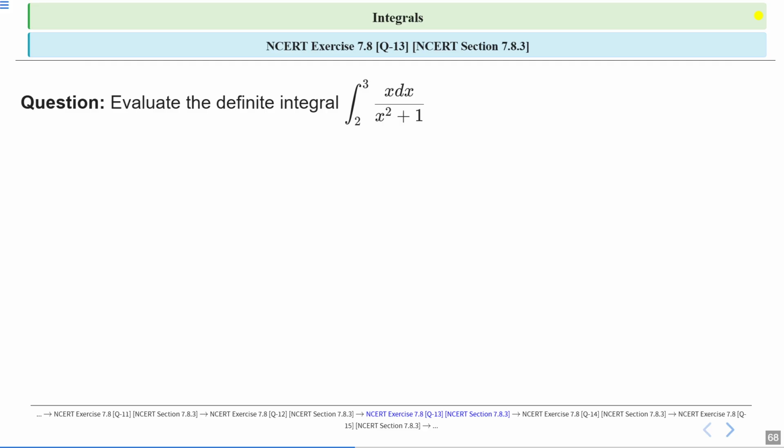So the next question is evaluate the definite integral from 2 to 3 of x dx by x square plus 1. If you have some time, try to solve this question.